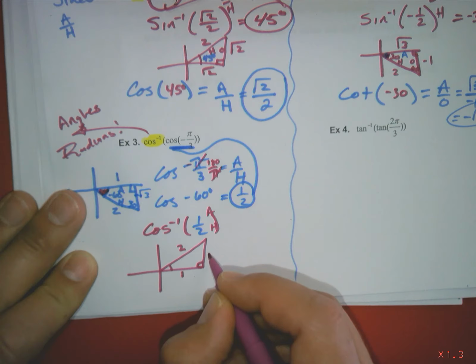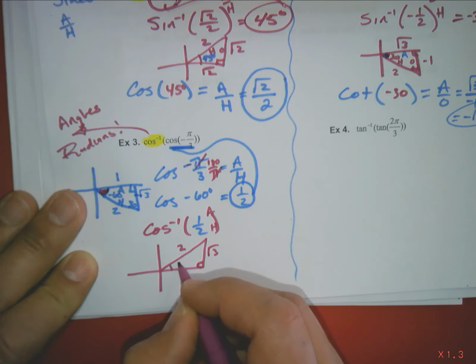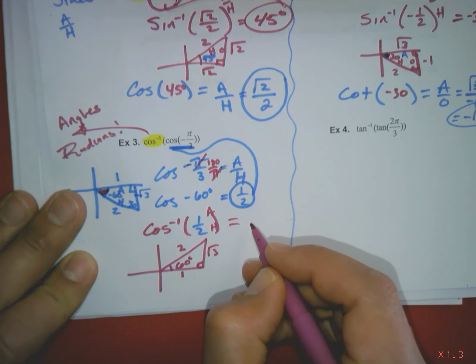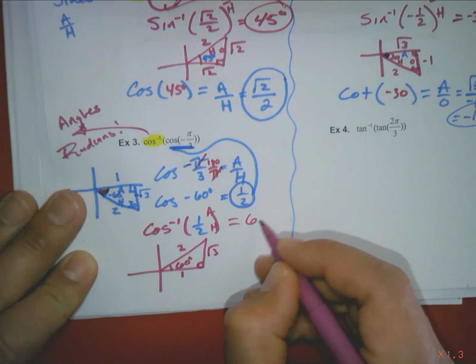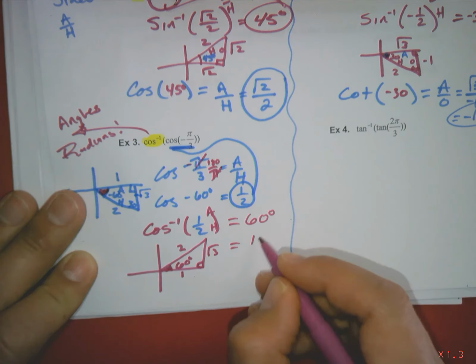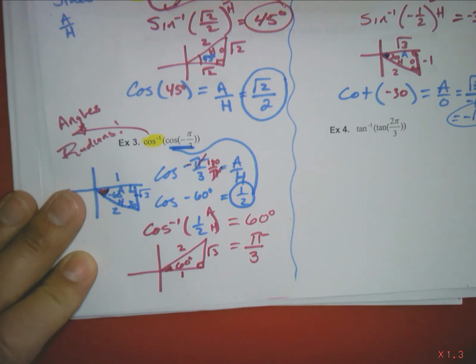What is this guy? Root 3. So that means I got to know this angle. That's across from root 3, that's 60 degrees. So my angle that's across from that one is 60 degrees, which simplifies to what? Pi over 3.